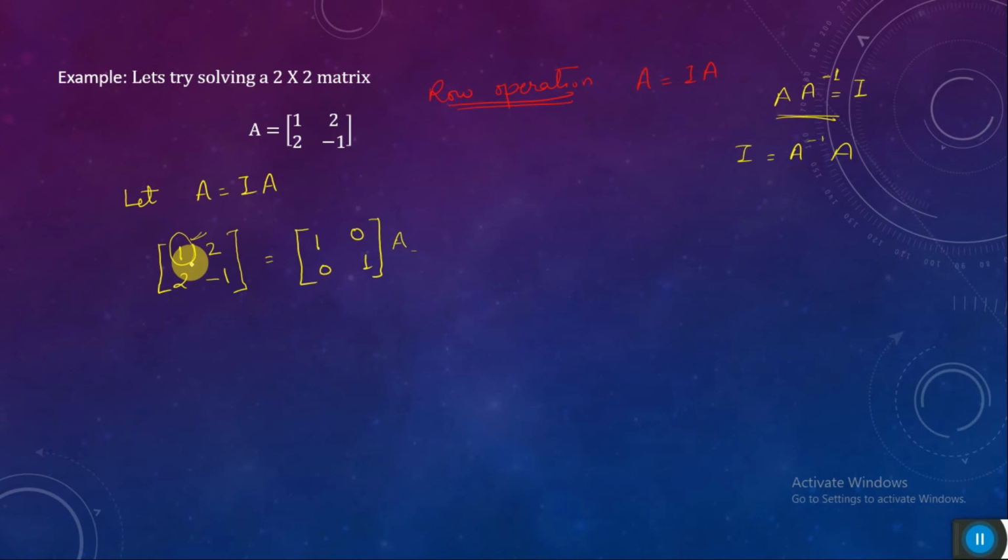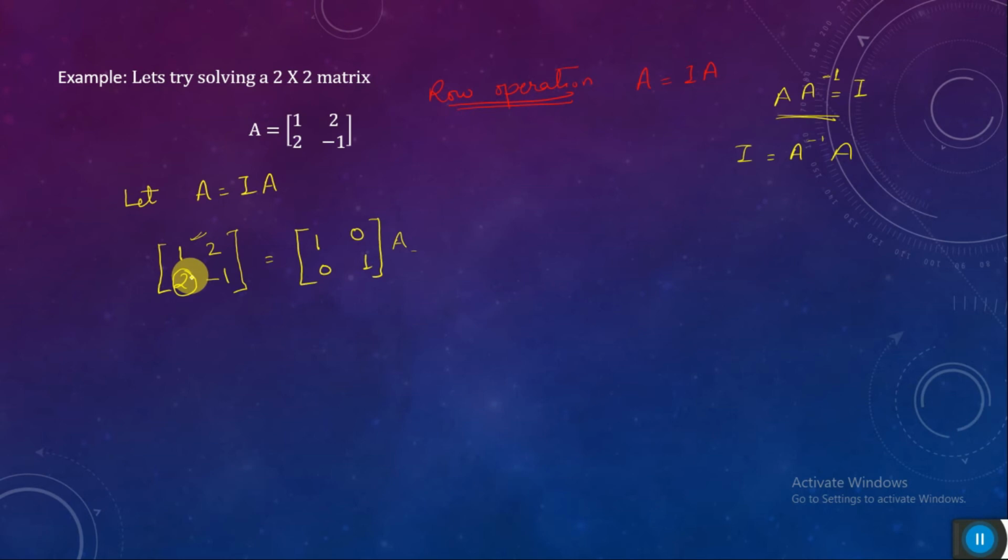So first thing, I need to make this one as 1, right? It is already 1, so I don't need to worry. Then I need to go to this one, I need to make this one 0, right? So how will I make 0? I will multiply 2 in this one and subtract from here. This is very important. Multiply something to one row and subtract from the other.